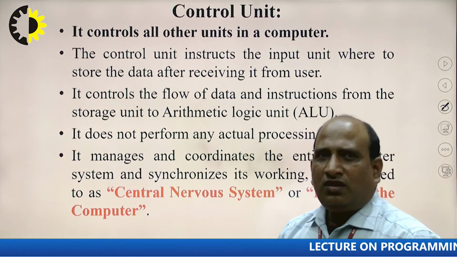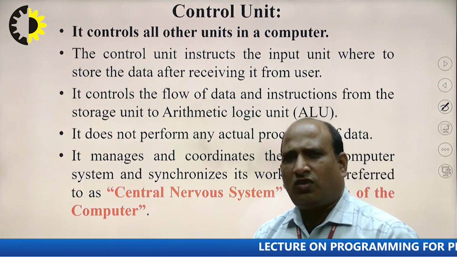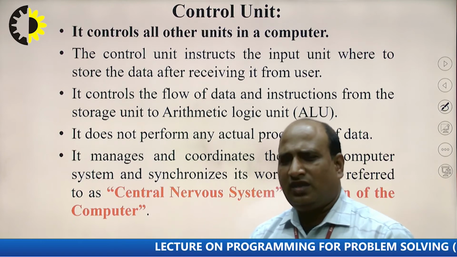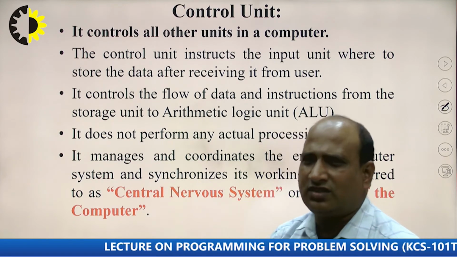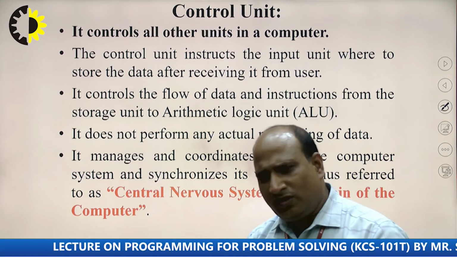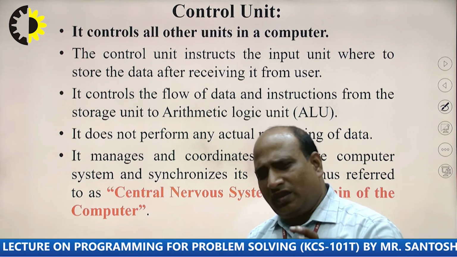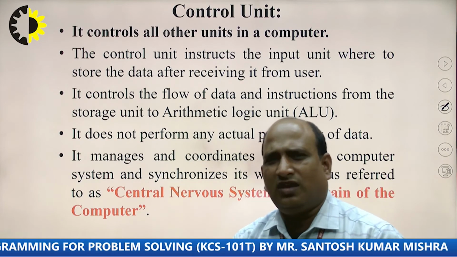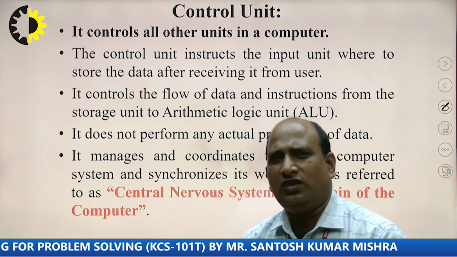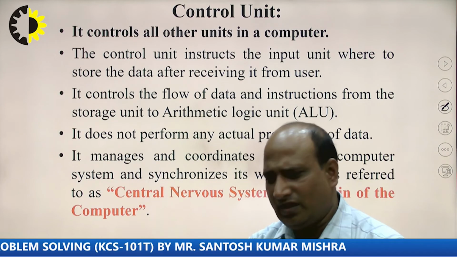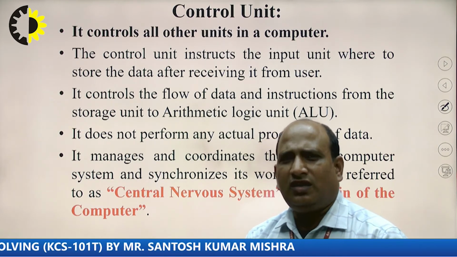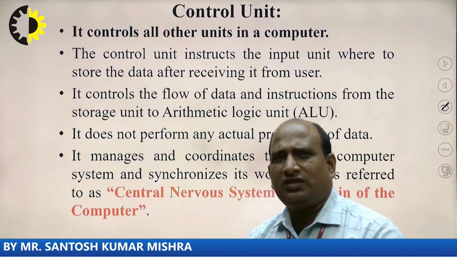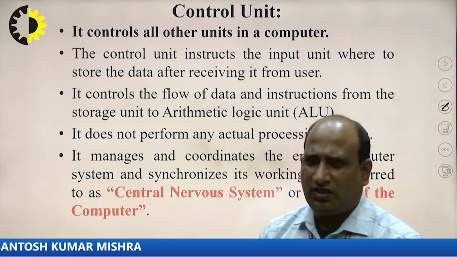Now, the control unit controls all the units in the computer, as I have already explained. It is also called the central nervous system of our computer. During processing, all the components must work in a timely synchronized manner. As and when a unit must respond or act, it should be done at that time, and that timing control signal is sent by this control unit.